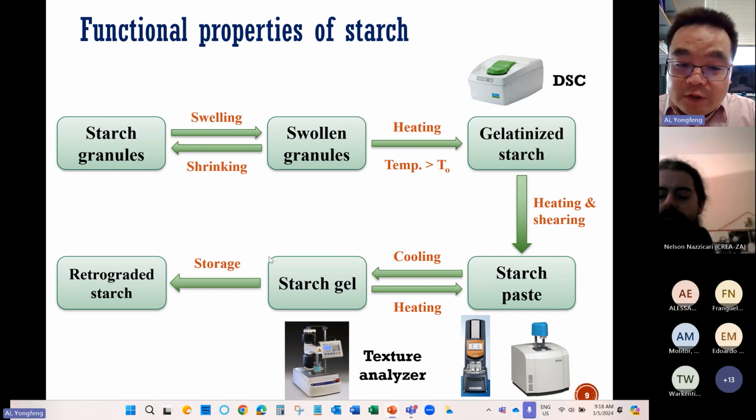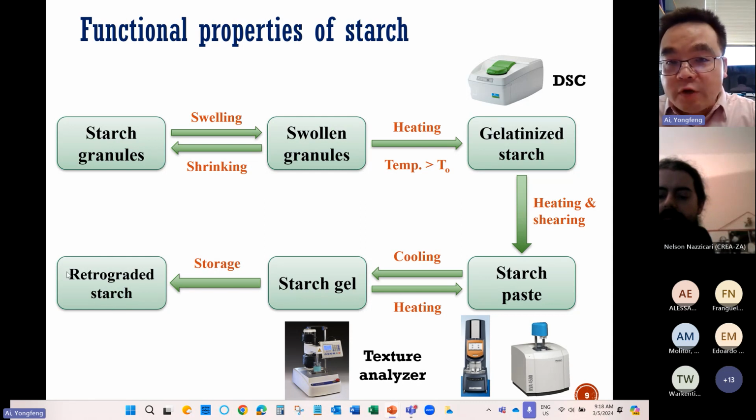Then after we have the gel, when we store it at a different temperature, particularly at 4 degrees Celsius, starch will go through retrogradation. Retrogradation is usually considered undesirable because it will cause syneresis. Another word for syneresis is expulsion of the water from the food matrix.